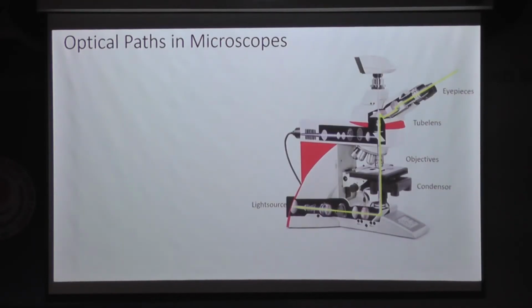If we see the optical parts in a microscope, you can see here this is a compound microscope, a high-end clinical microscope. In earlier microscopes, the source of light just entered from here itself.